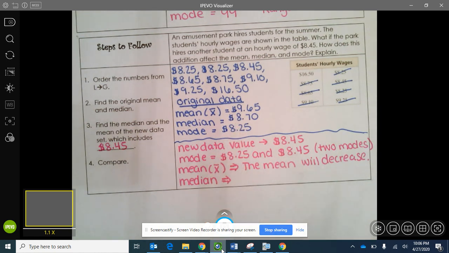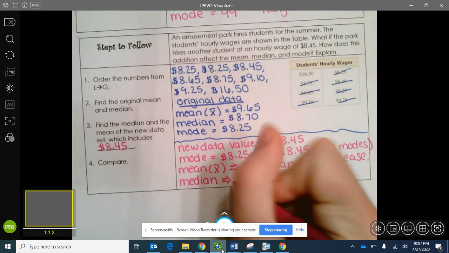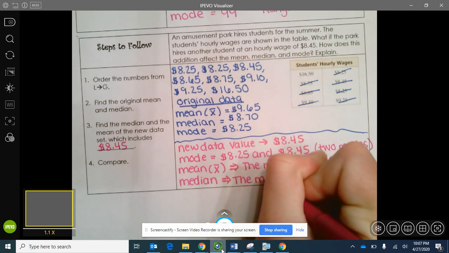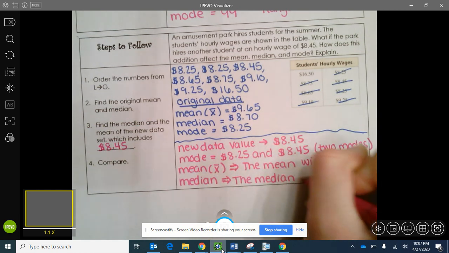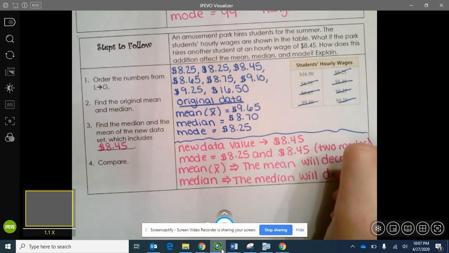The new data value that I am adding in is less than that original median. So because it's less than the original median, it's going to decrease that original median. So the median will also decrease.